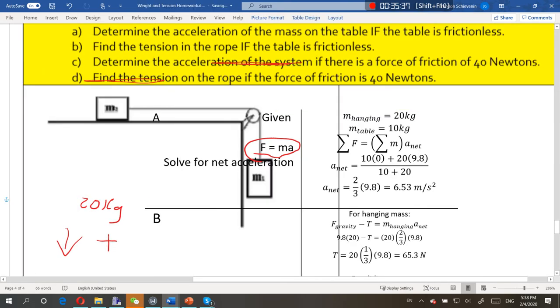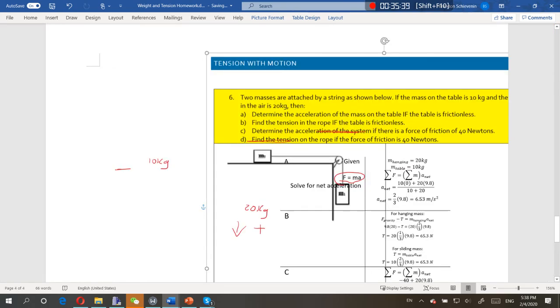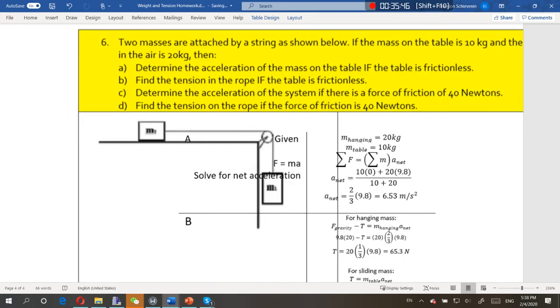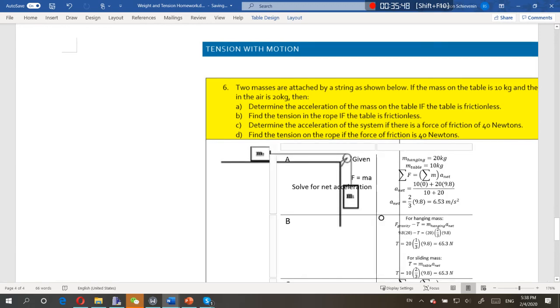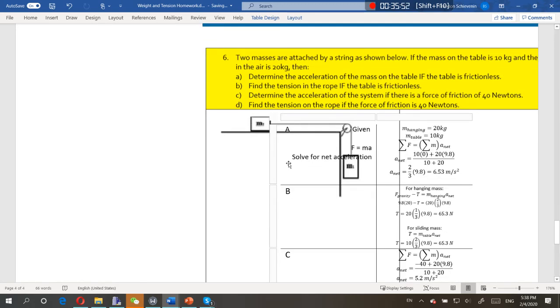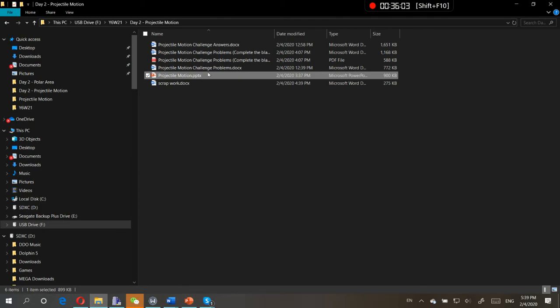Ooh, I think I just messed up all of my notes. Erase really quick. Why don't you just press Ctrl Z? Can I undo? Nope, that's just putting my notes back. Okay, I'm going to break out and come back in. So this is weight and tension.